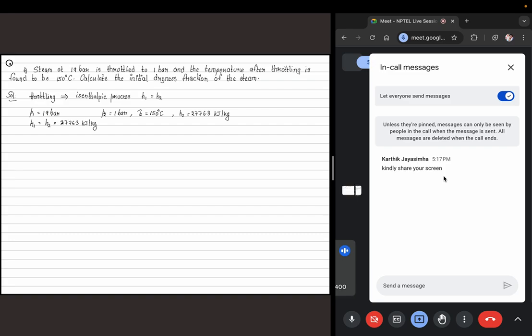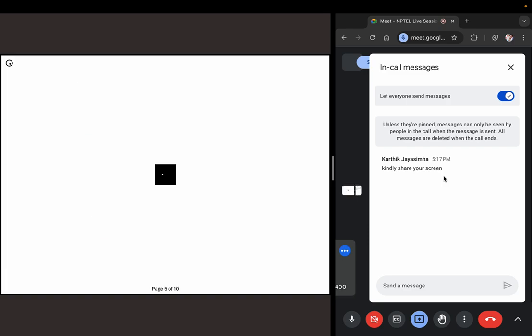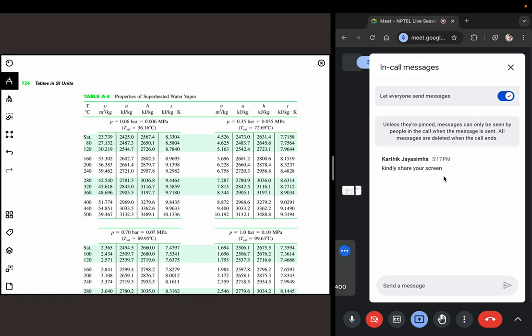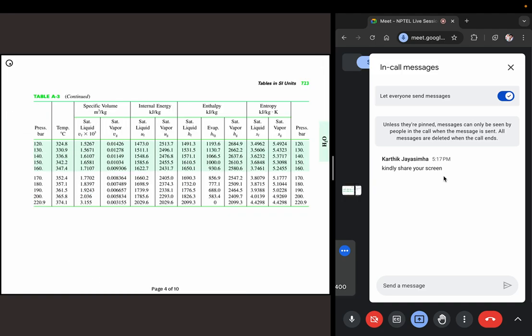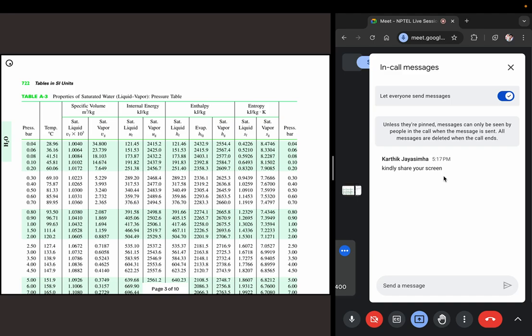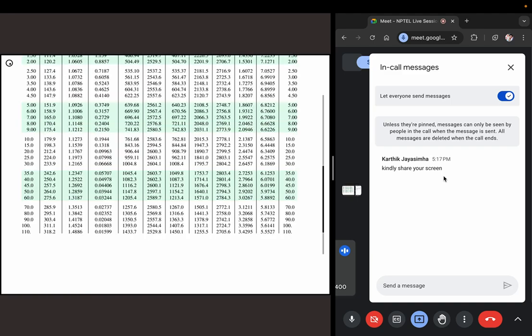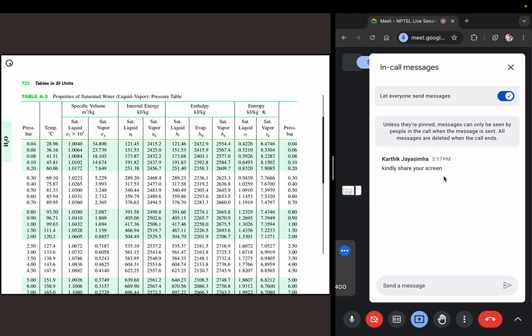We know the pressure to be 19 bar. So if you look up the steam table at 19 bar pressure, it is going to be somewhere between these two values. So if you look up the enthalpy values, this is internal energy and this is enthalpy values, the saturated vapor enthalpies.